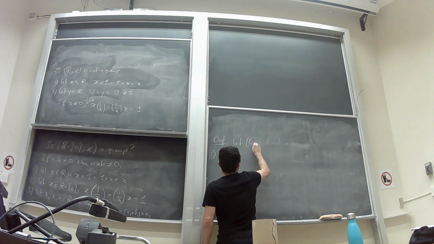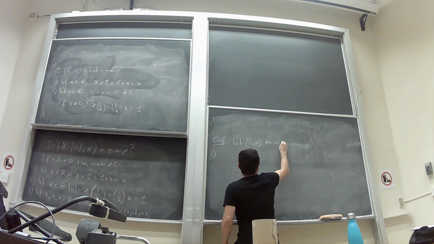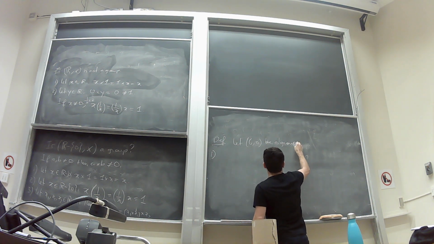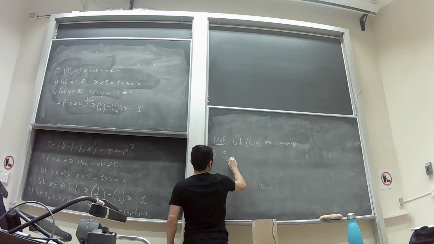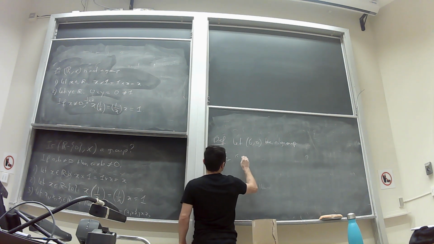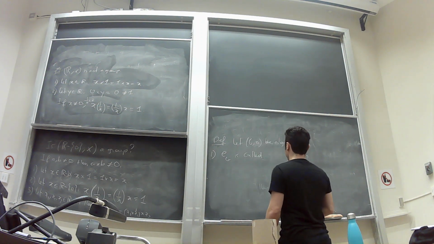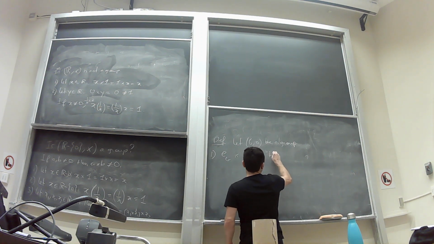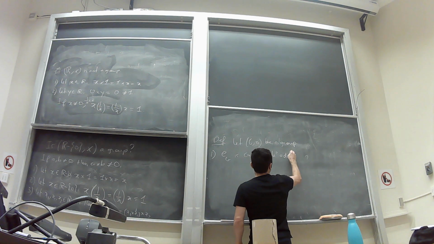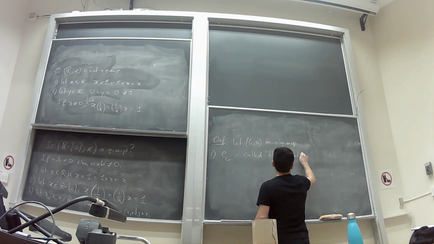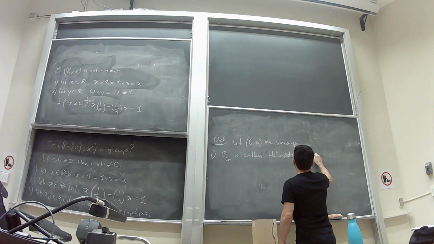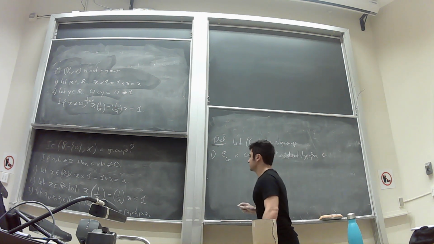Let G be a group. E is called, now here I have to prove my claim, the identity for the binary operation circle.